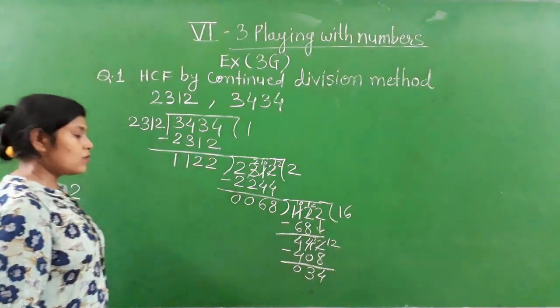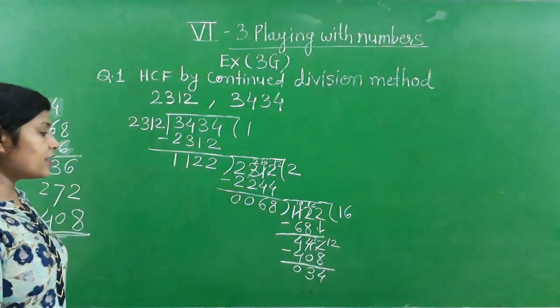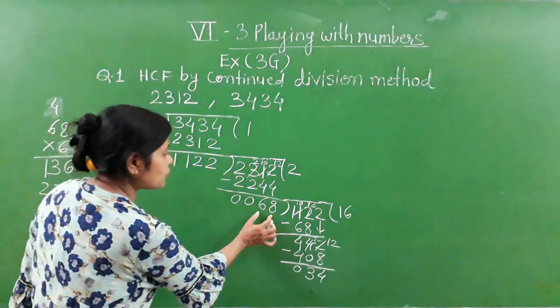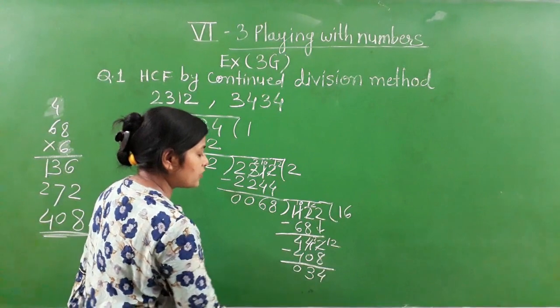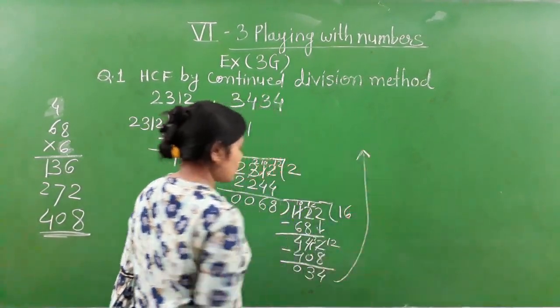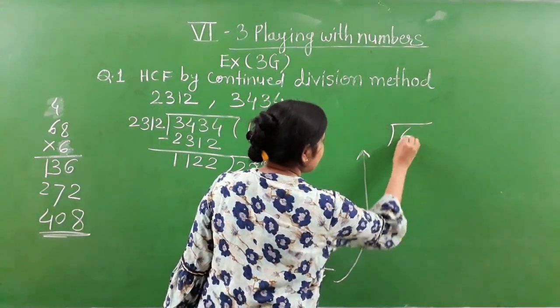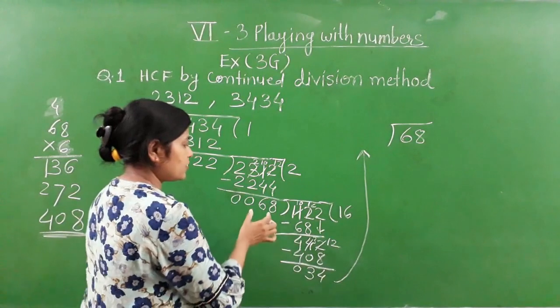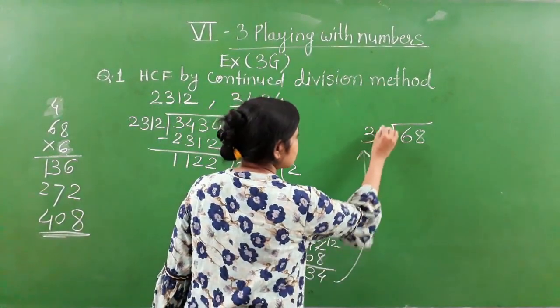Okay. Now what will we do? Here 34 we will divide it. Now this becomes your dividend and this becomes your divisor. So I am writing this side so that you will come to know. So here we will write 68 in the dividend's place and 34 will be in the divisor's place.